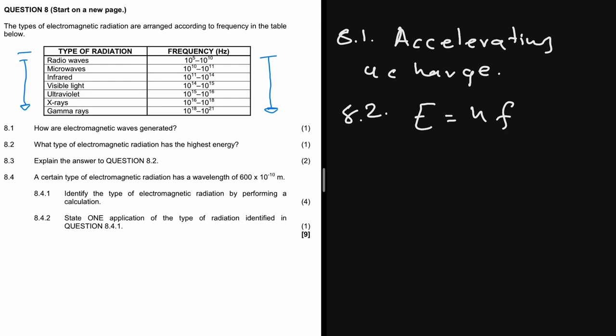This means any radiation that has the highest frequency will have the highest energy, since energy is directly proportional to the frequency. As energy increases, the frequency increases. So the higher the frequency, the higher the energy. The type of electromagnetic radiation that has the highest energy is the one that has the highest frequency. In this case, that is the gamma rays.